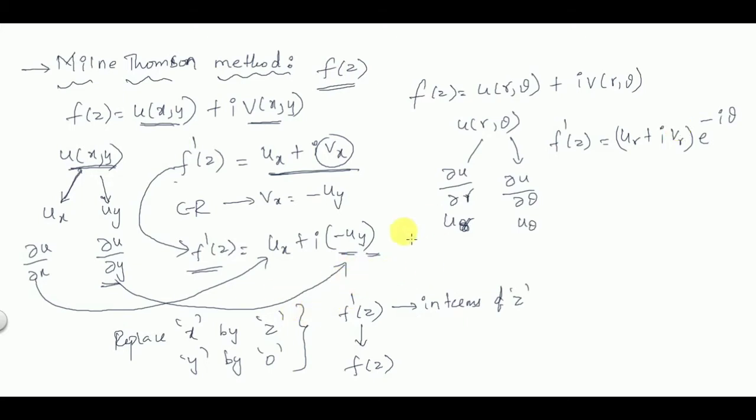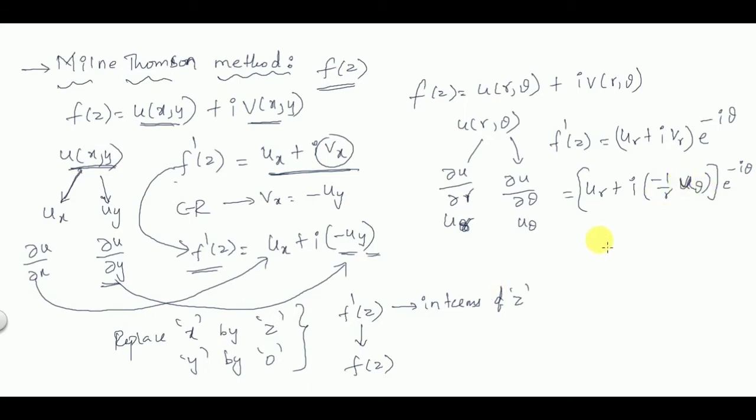Suppose you are given ur only. Then what is vr? It is minus 1 by r into u theta. So f dash of z is ur plus i into minus 1 by r into u theta, totally multiplied by e power minus i theta. So you get everything in terms of u.